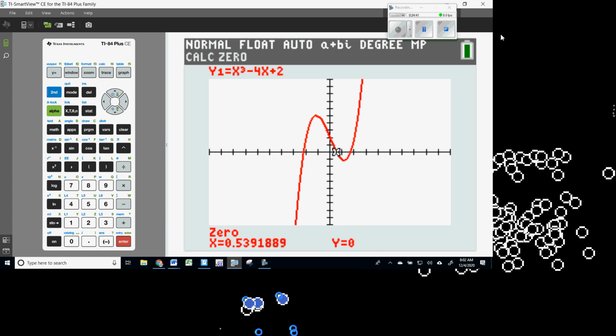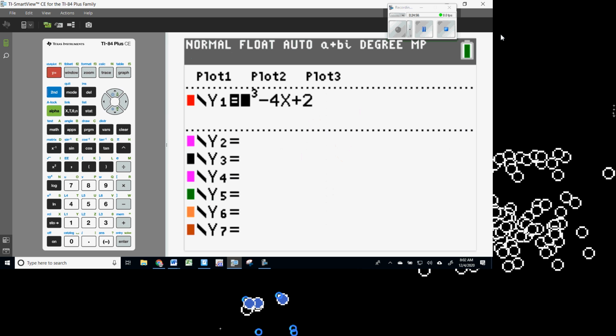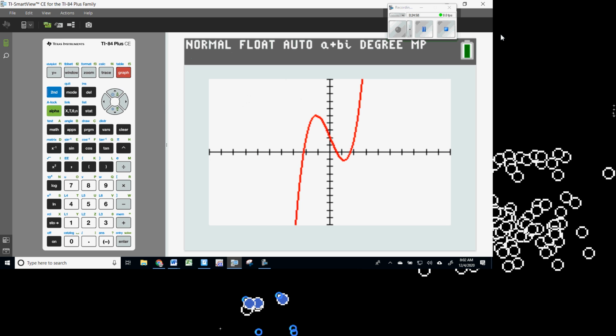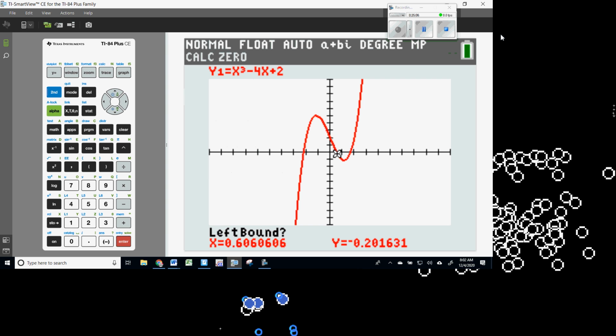I forget how to get to the actual point thing. What do you call that? The cursor? You don't put that in. You go to second, trace, and you just go to 0, and it brings it up. And then I move to here.